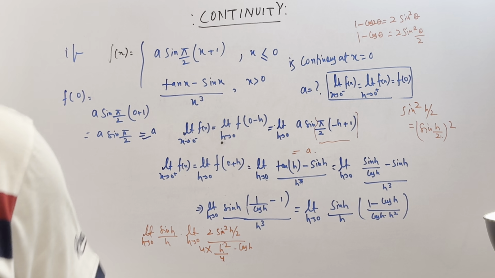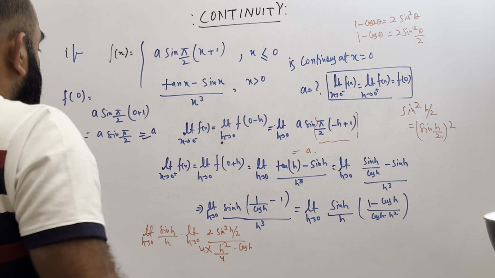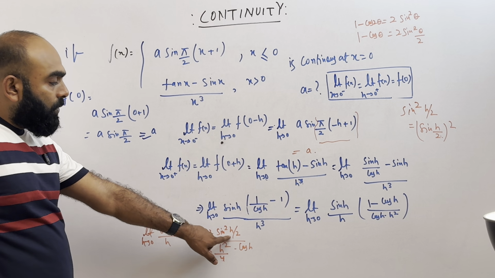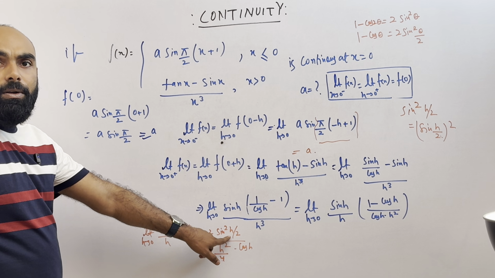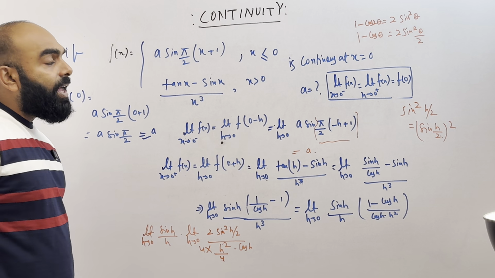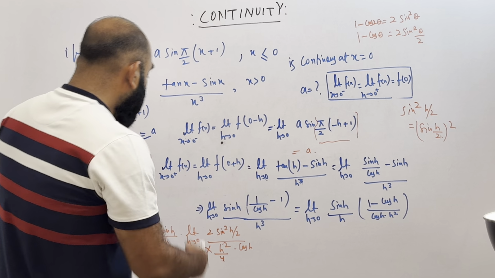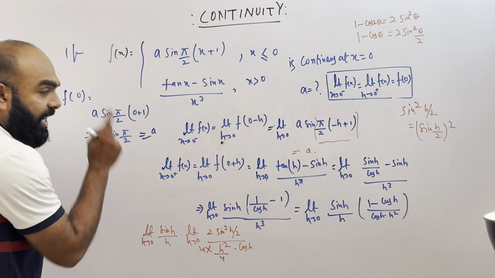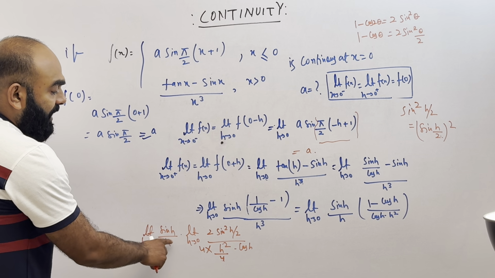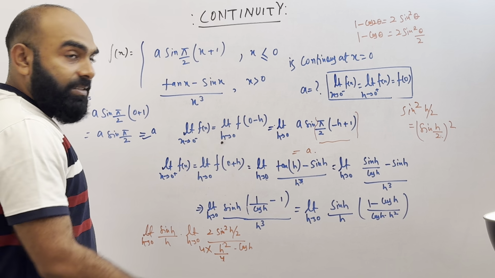Here theta is h by 2. Since we have a square, I can write it like this, and this value goes to 1. Sin theta by theta when theta tends to 0, the value is 1. Correct?